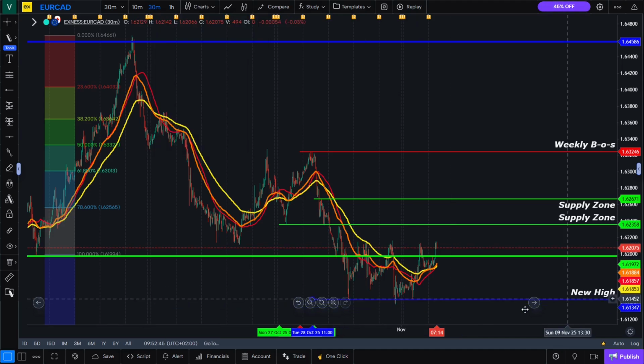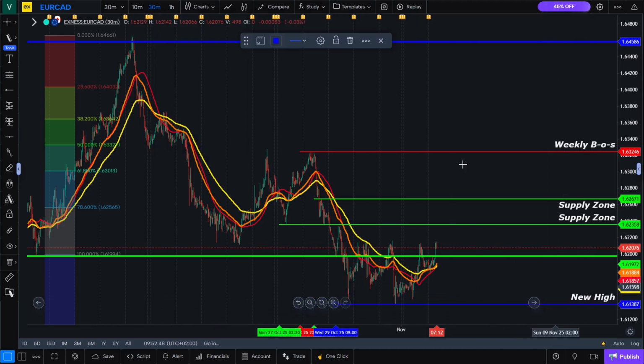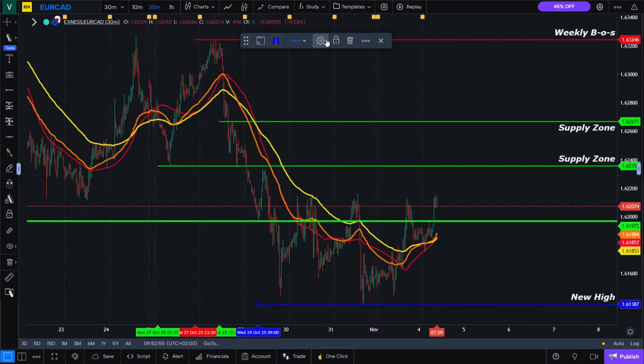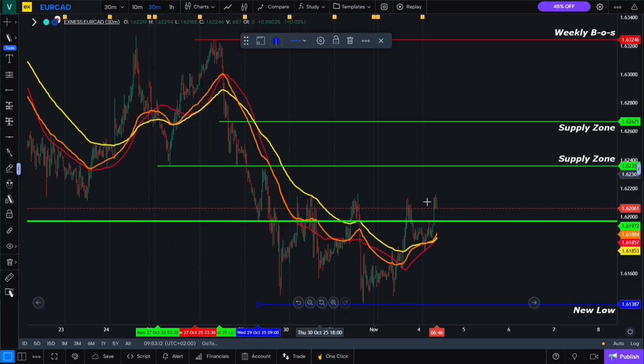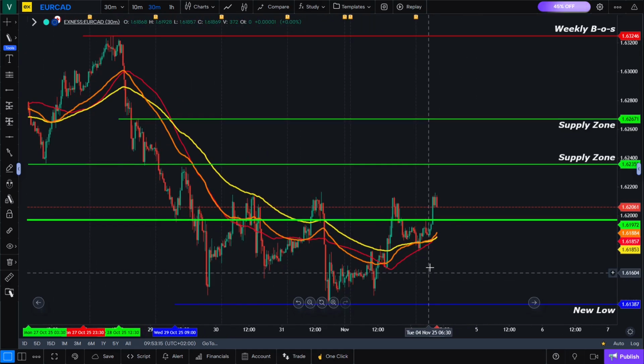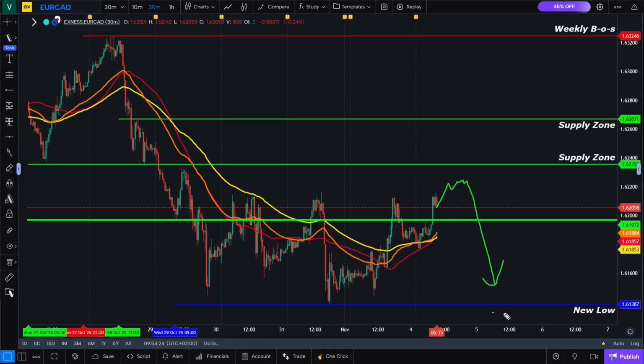Sorry for this, but I do have to do it and update it. Now, this is the new low, of course. So traders, this is the new low that I was talking about. So we are going to look for a new low to the downside to take out structure right here.